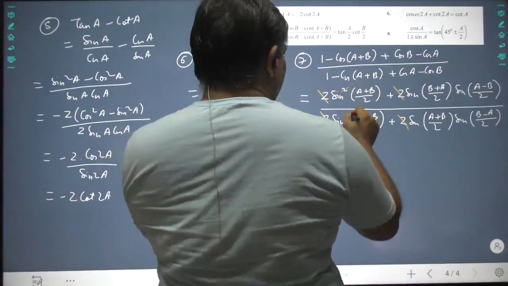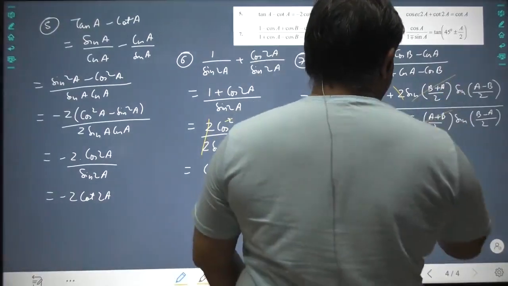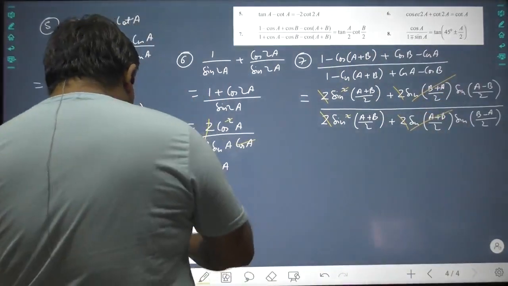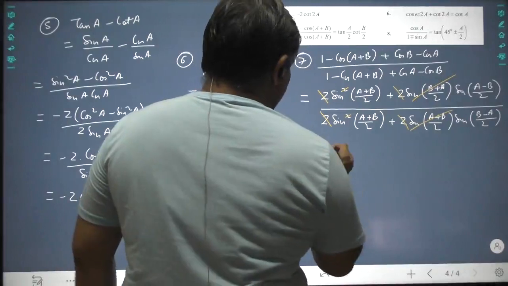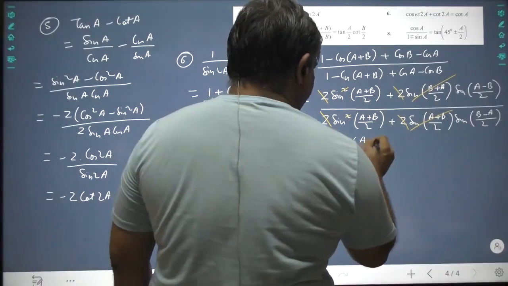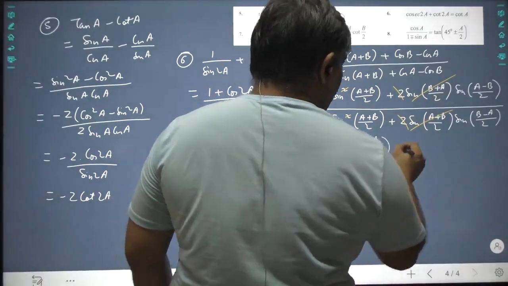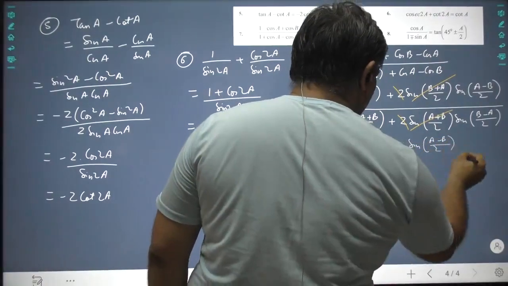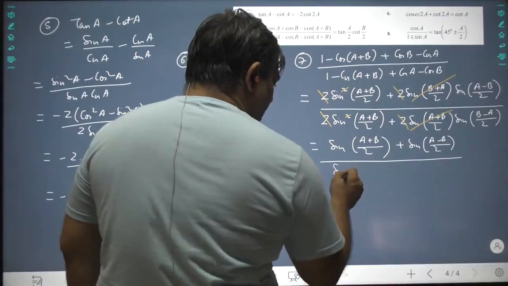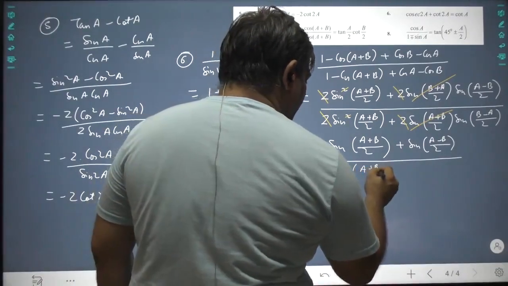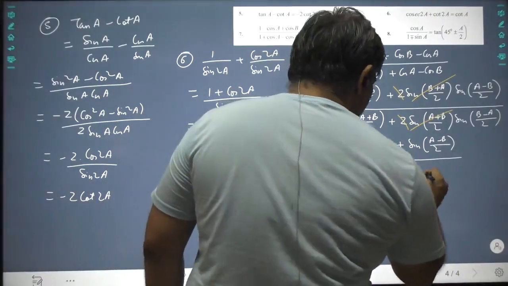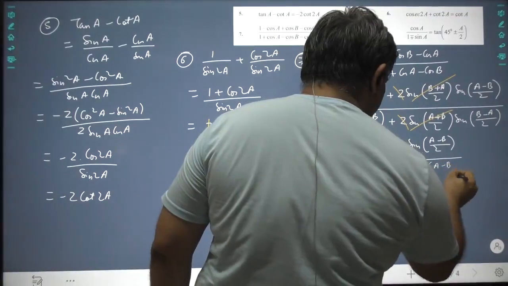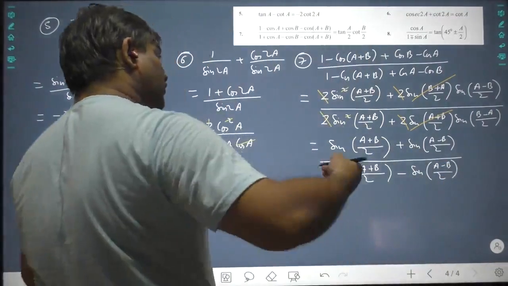Also sine A plus B by 2 gets cancelled. So in the numerator you are left with sine of A plus B by 2 plus sine of A minus B by 2, and in the denominator sine of A plus B by 2 minus sine of A minus B by 2.